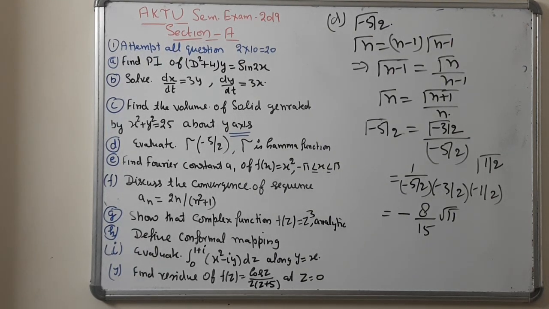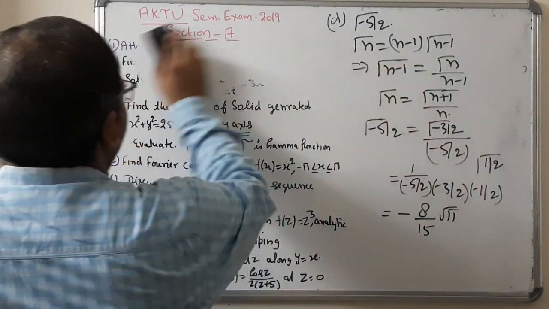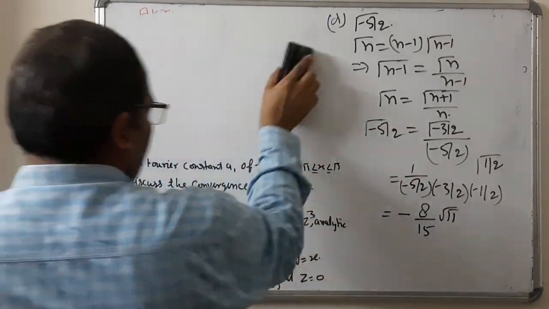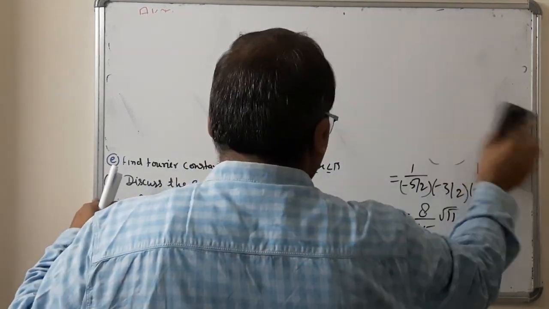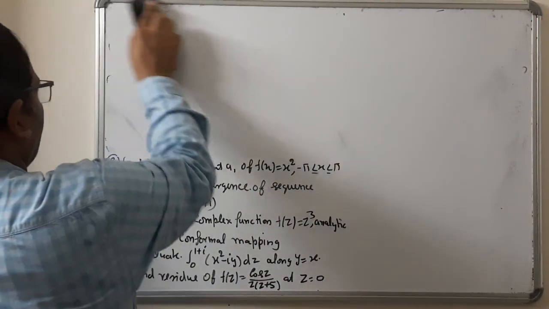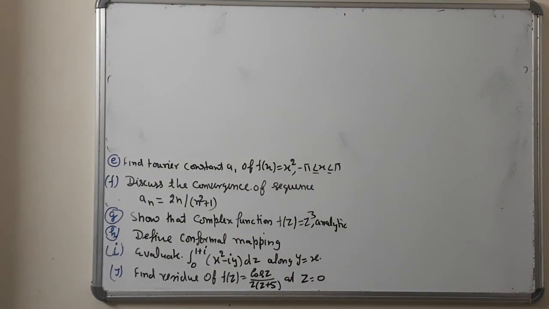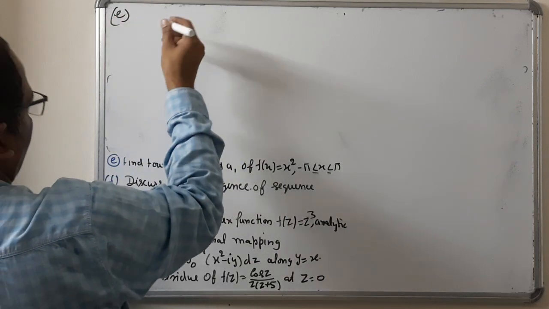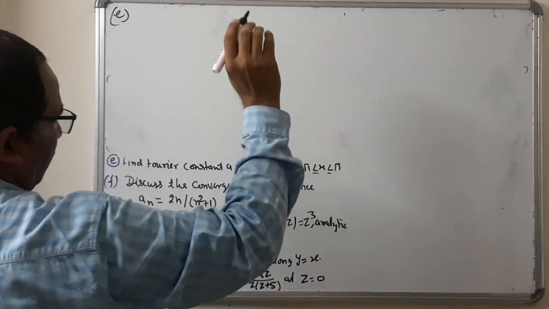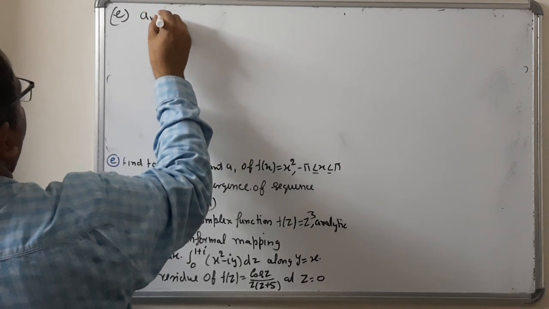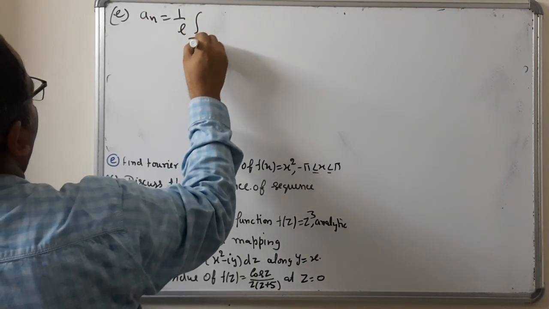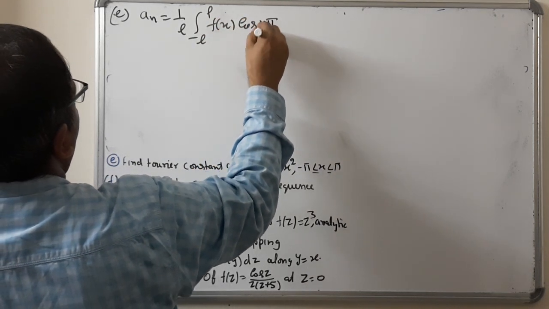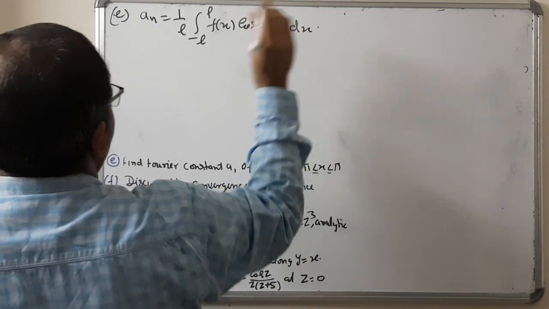Now we have to find the Fourier coefficient A1 if f(x) is given as x square in minus pi to pi. So we take this E part. We want to find A1. First write the formula for An. An is equal to 1 upon L, integral minus L to L, f(x) cos(n pi x upon L) dx.